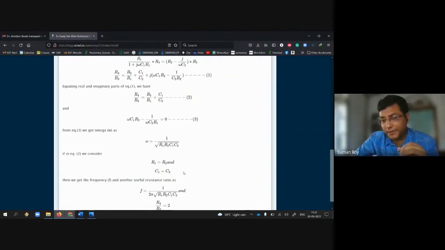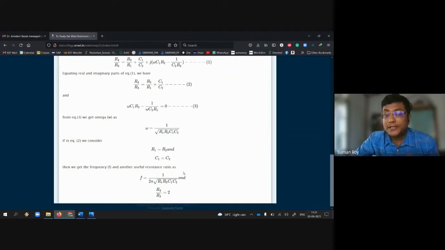Now if we take R1 equal to R2 and C1 equal to C2, then omega is equal to 1 by RC. So we can also write small f, which is the linear frequency, as 1 by 2 pi RC. That is a nice formula.